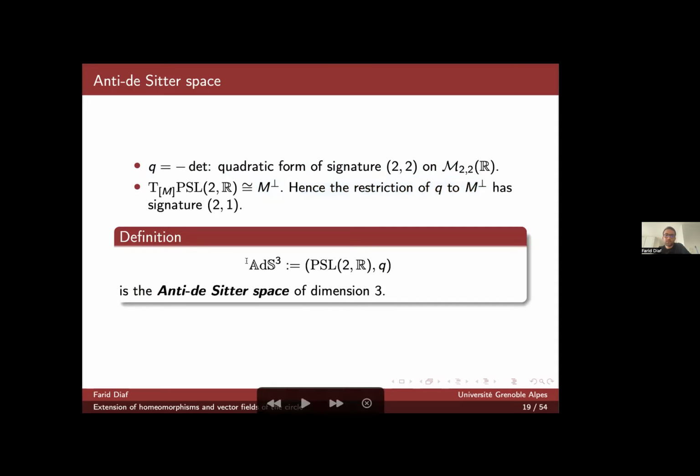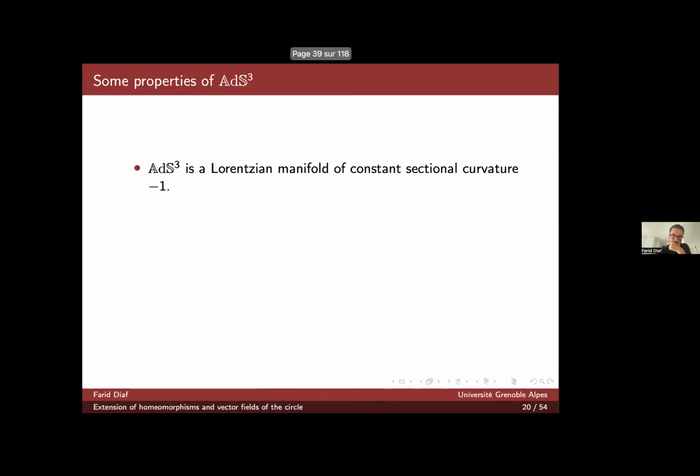And so what is the anti-de Sitter space? This is just PSL2R with this metric Q. This means that on each tangent space, you have a quadratic form of signature 2,1. And for the expert, this is, up to scalar, the Killing form. So this is a Lorentzian manifold of constant sectional curvature -1.